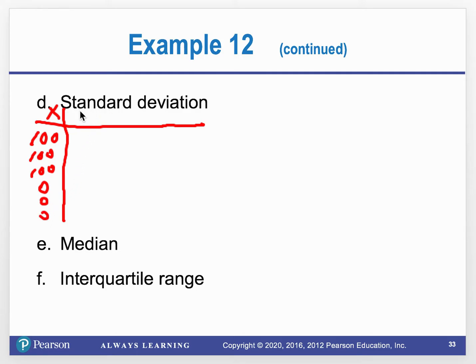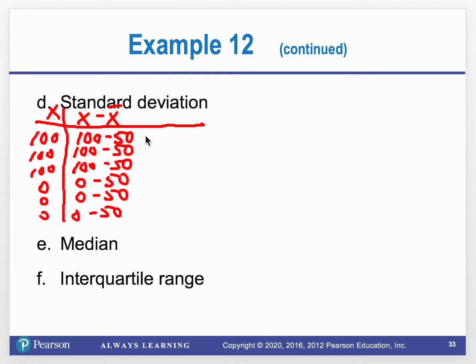Okay, I'm still going to find the difference between each data point and the mean. So I still need to do 100 minus 50, 100 minus 50, 100 minus 50, 0 minus 50, 0 minus 50, 0 minus 50.